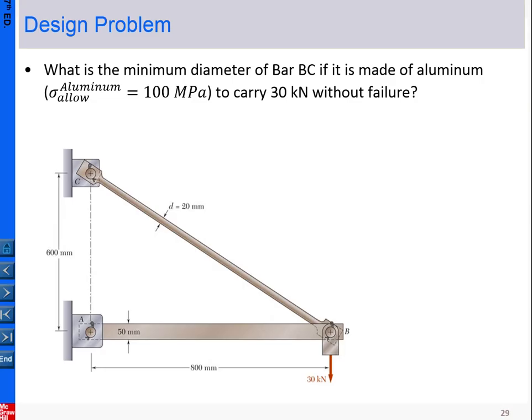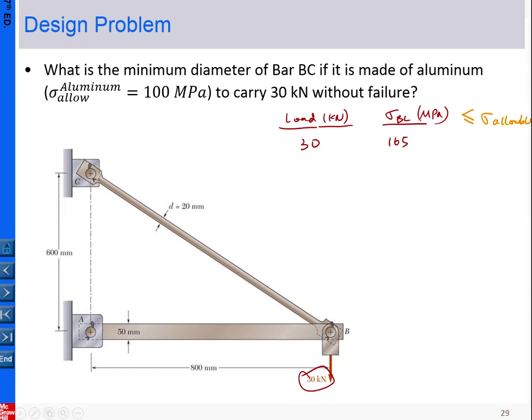Here we don't have this. Okay, we can recall from our earlier analysis. When the loading in kilonewtons equals 30, as we showed here, the stress in BC in MPa that we calculated is 159. Our design golden rule is that this must be less than or equal to the allowable stress.